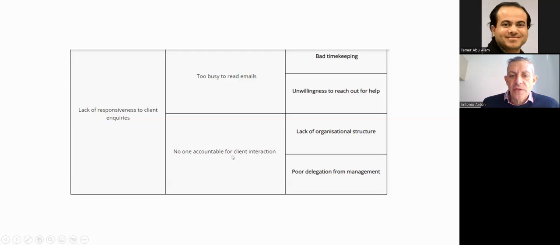The client interaction problem comes from lack of organizational structure or poor delegation, perhaps poor delegation from management. Well, this means that there is no interaction with the client. So this is a problem that you need to solve.